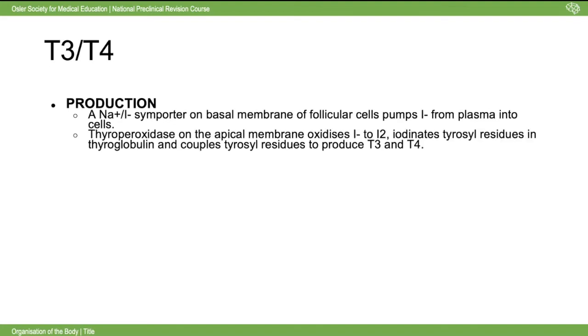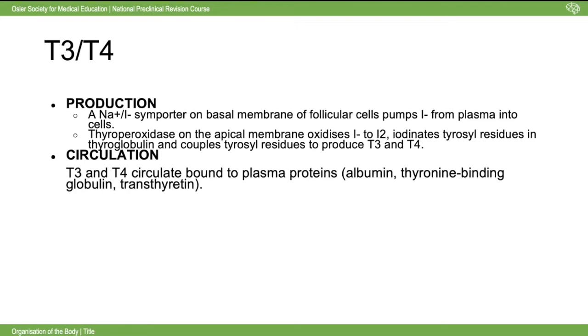Then a thyroperoxidase on the apical membrane oxidizes iodide to iodine, and that iodine is then used to iodinate tyrosine residues in thyroglobulin, and that leads to the production of T3 and T4. And then these get released into the circulation.